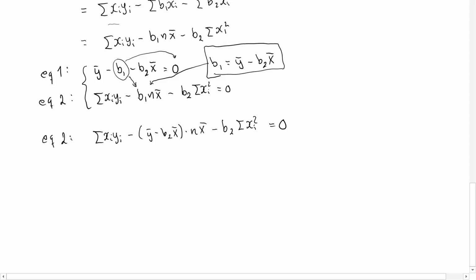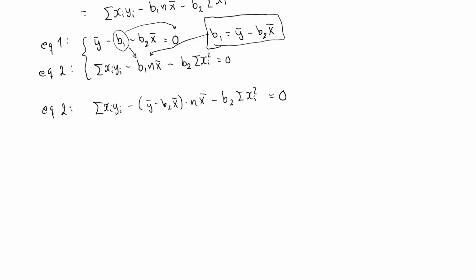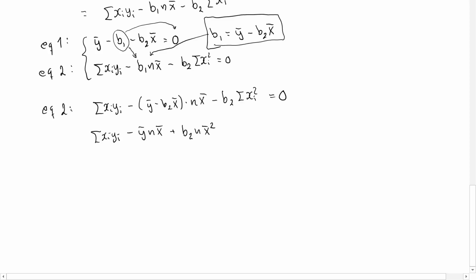Now that's an equation involving only one variable, b2, so I can solve for b2. Let's expand the parentheses. Then we have summation xi yi minus y bar, sorry, forgot that term, minus y bar n x bar. Then we have plus b2 n x bar squared minus b2 summation xi squared should be 0.